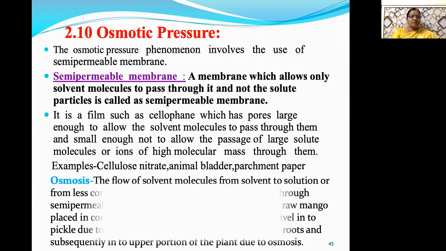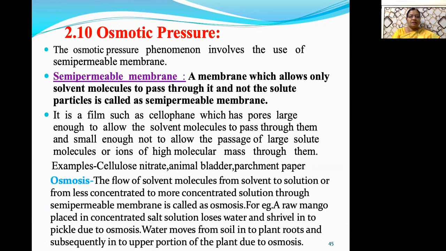Now, what is osmosis? The flow of solvent molecules from the solvent to the solution, or from less concentrated to more concentrated solution through the semi-permeable membrane, is called osmosis.